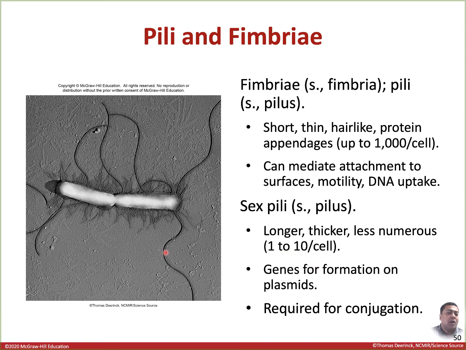We just talked about how, if there are two bacteria, one can transfer its plasmid to the other by these sex pili. This process of transferring the plasmid or part of the chromosome, never the whole chromosome, is known as bacterial conjugation. We're going to talk about that in a different chapter. But bacterial conjugation is similar to sexual reproduction in eukaryotes.